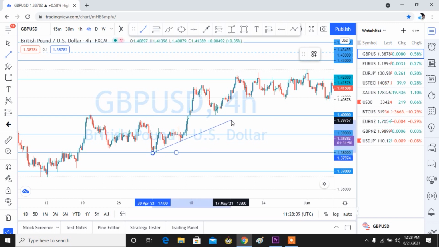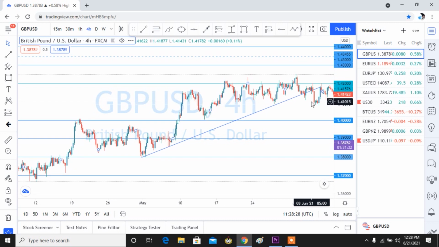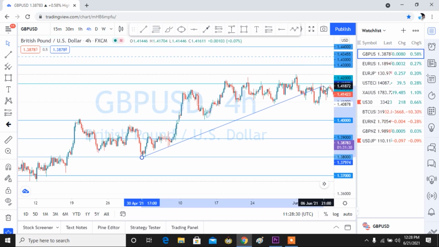Remember, in drawing a trend line, we just need a minimum of two swing highs, or two peaks, or two troughs. So we have our first trough, we have our second trough. So all we have to do is just drag it down.